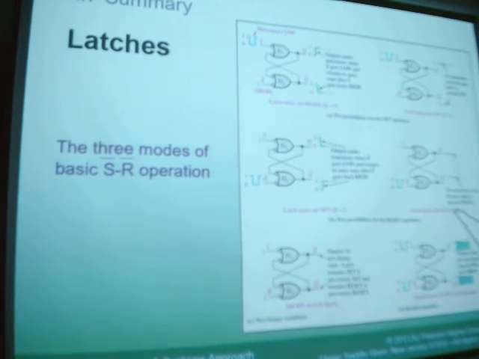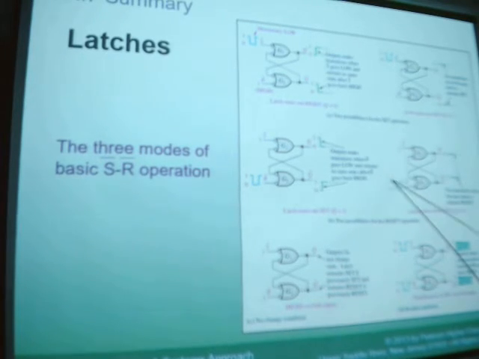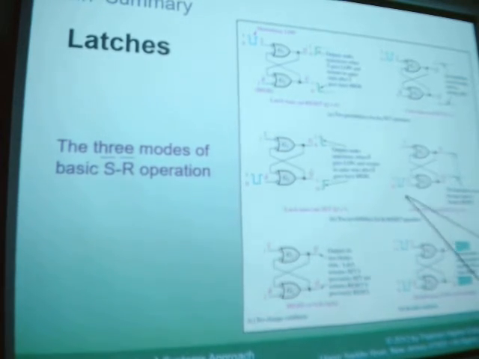Initially reset. So when R bar goes from 1 to 0, then the output Q will also be 0, and the Q bar will also be 1. So there will be no change.